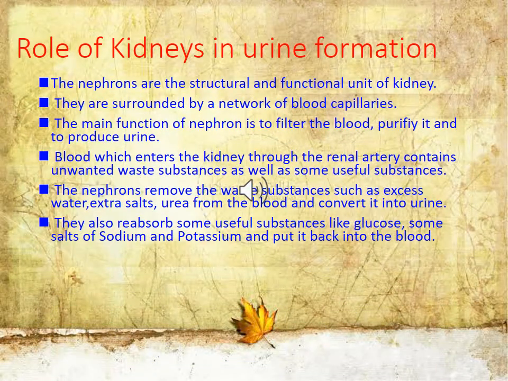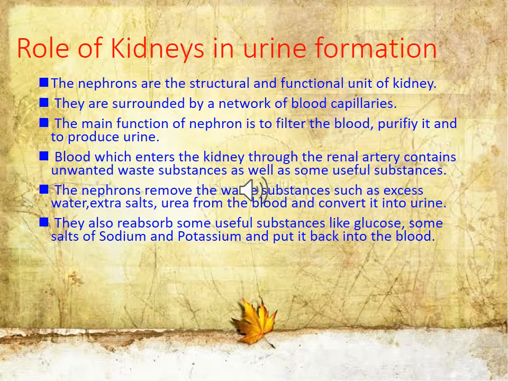From this slide, we will learn about the role of kidneys in urine formation, and the role I'll tell you in points. So the first point, the nephrons are the structural and functional unit of kidney, as I told you earlier. The next, they are surrounded by a network of blood capillaries.